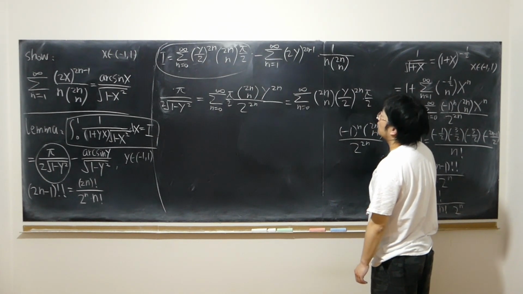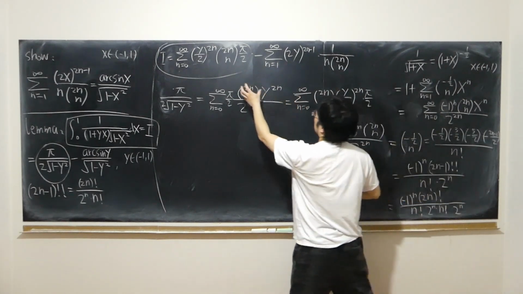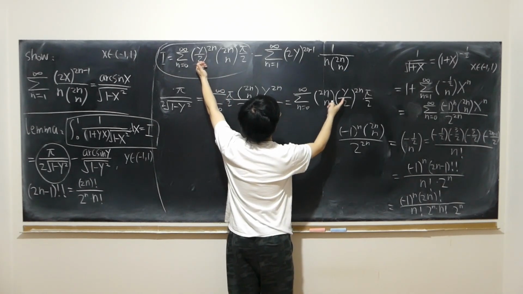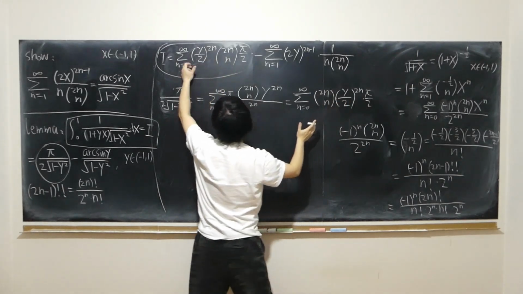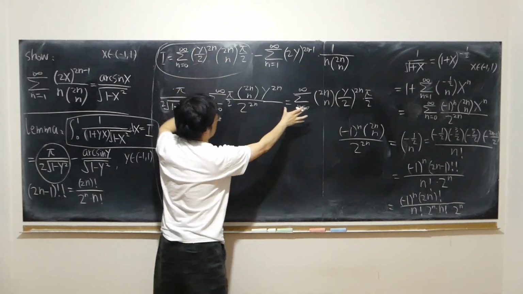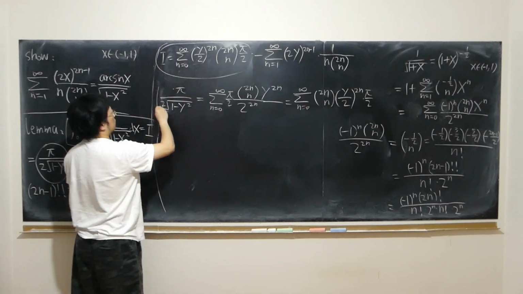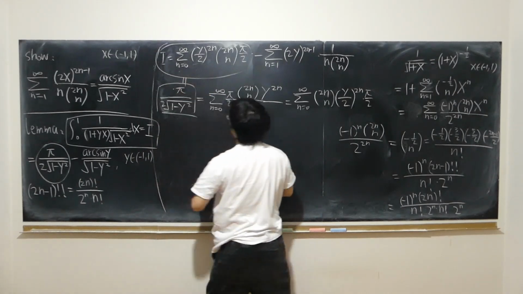So like I said, we've just shown that this expression, half y to the 2n times 2n choose n times half pi, summed from 0 to infinity, is really equal to this part. They're really equal to each other.